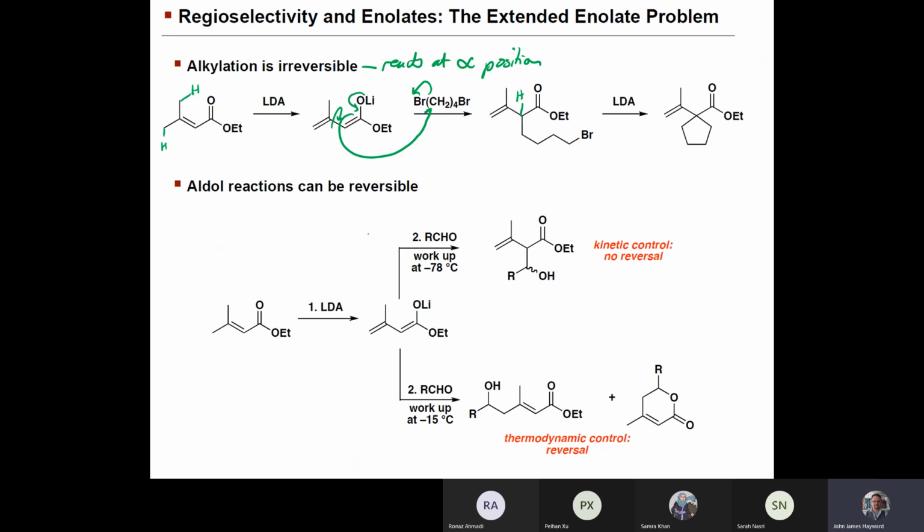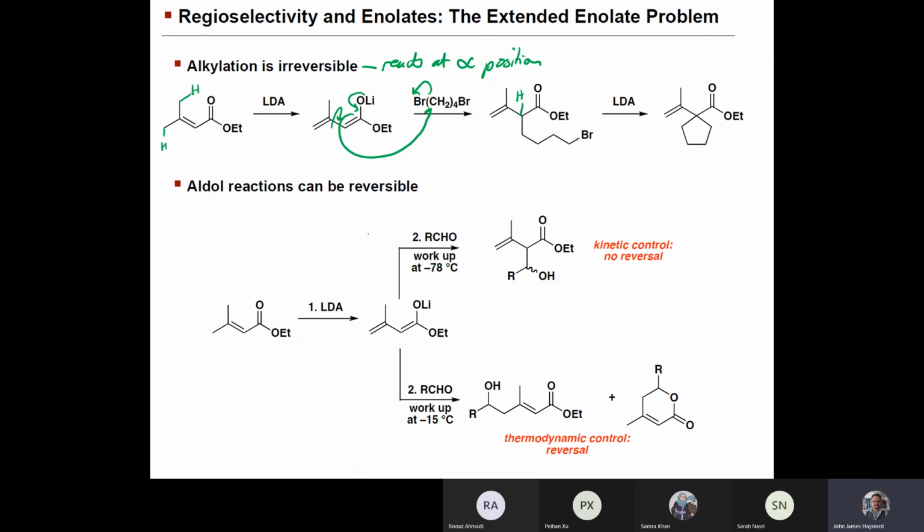What we might consider a reversible electrophile would be something like an aldehyde or a ketone, and the reaction that we're doing is the aldol reaction. So you can use, under these circumstances, a strong base like LDA again.